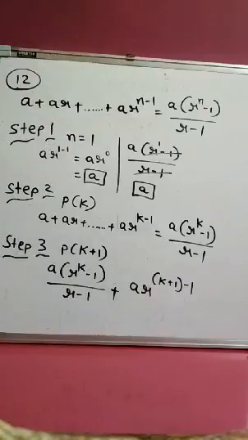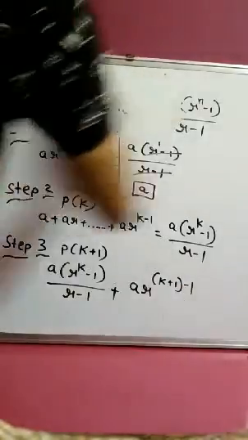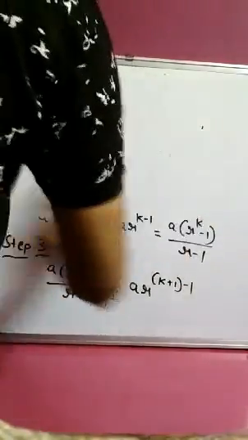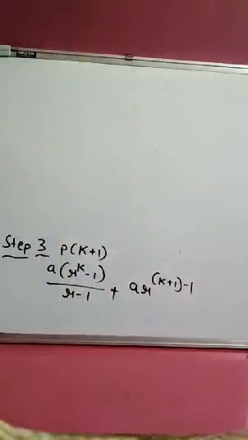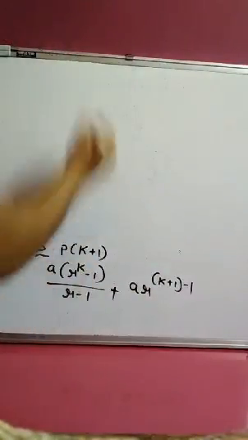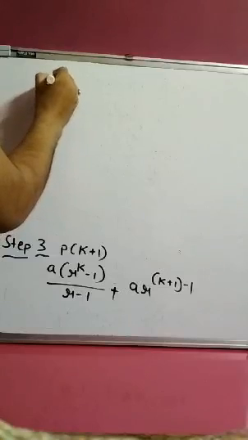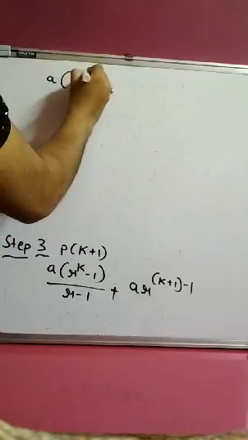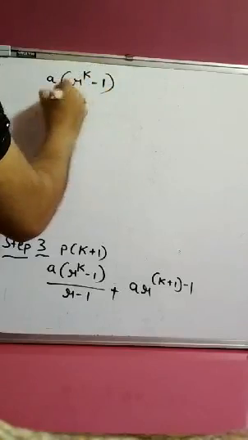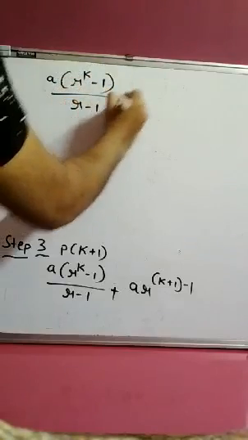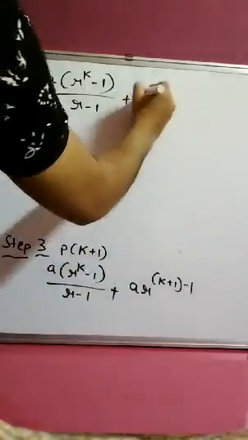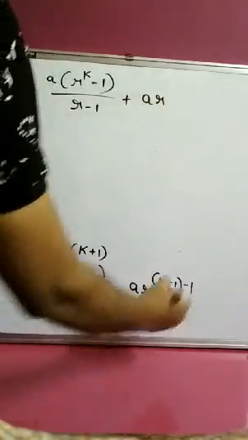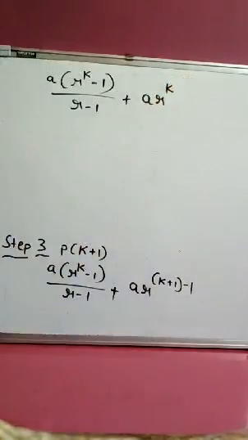So after this, a into r raised to k minus 1 by r minus 1 plus a into r raised to k.